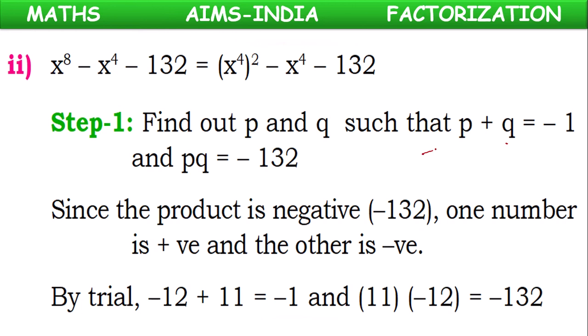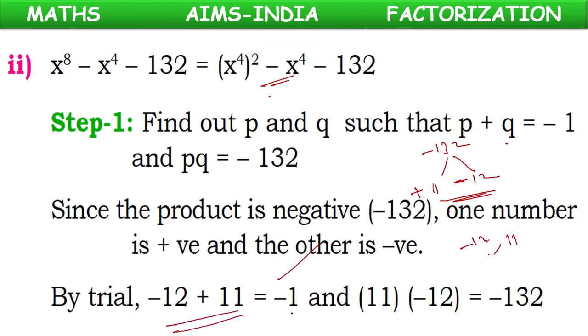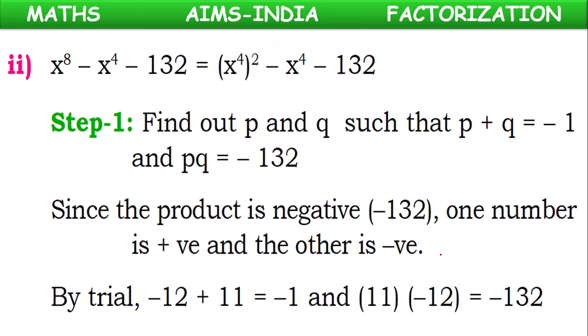So which numbers are possible for that 132? We can take 11 into 12. But in the middle number, we have minus 1. So for getting minus 1, smaller number plus symbol, bigger number minus symbol. So the numbers are minus 12, comma 11. So that minus 12 plus 11, sum is minus 1, product is minus 132.